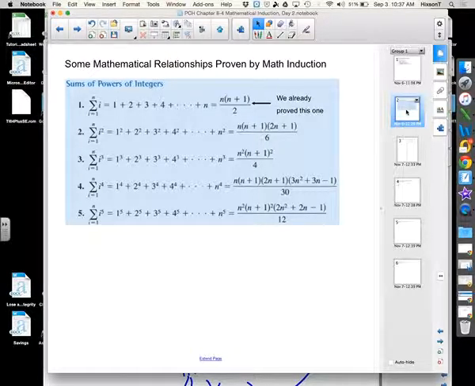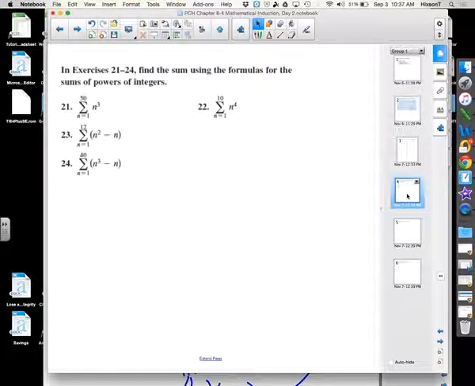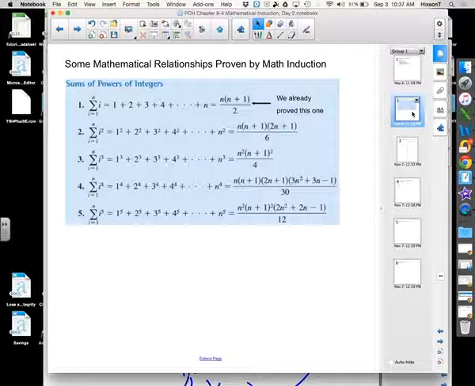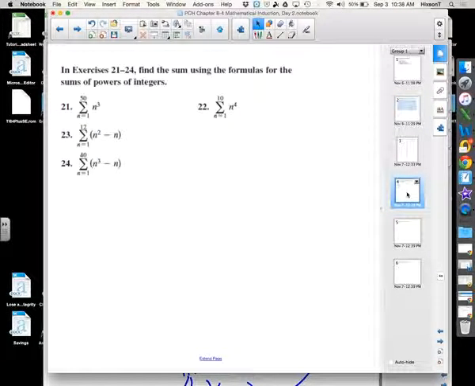So for example, what's the sum of the first 50 cubes? 1 cubed plus 2 cubed plus 3 cubed all the way up to 50 cubed. Well, if you look at the formula for perfect cubes, it should be just plug in 50 for n.